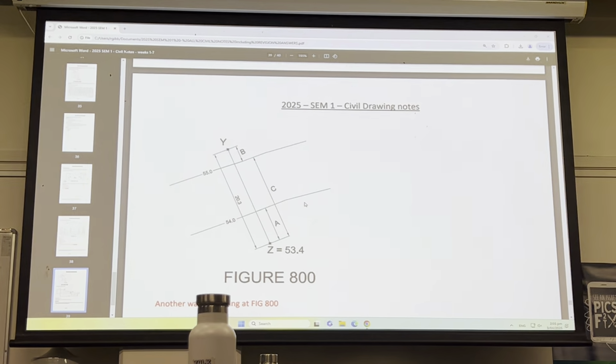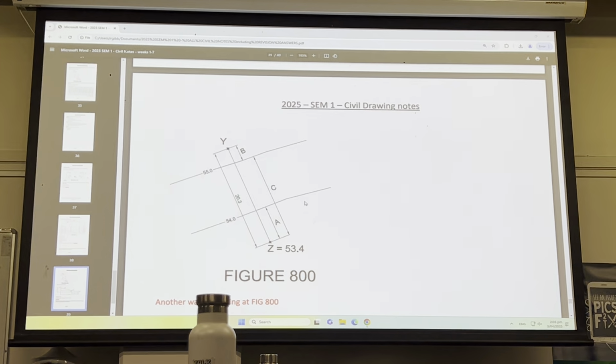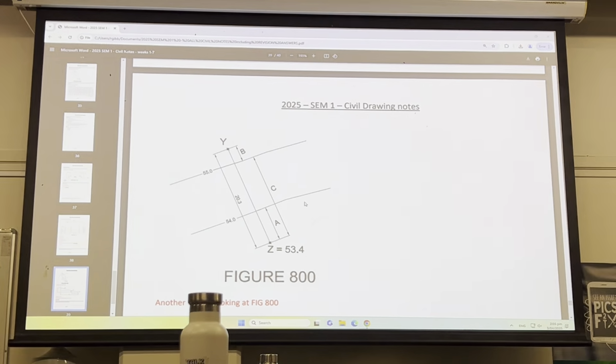We have two contours going through, but we'll talk about that in a minute. Let's turn it into a triangle. So the overall distance there is 20.3.